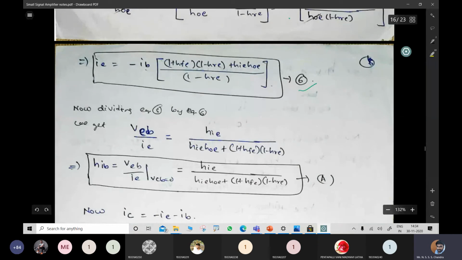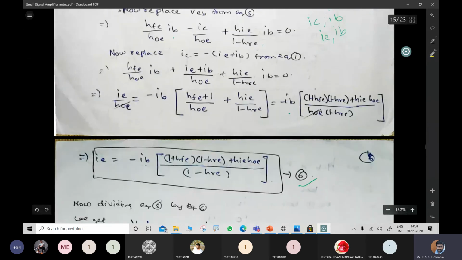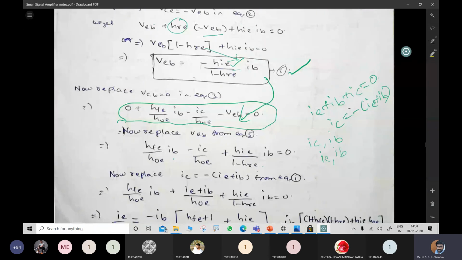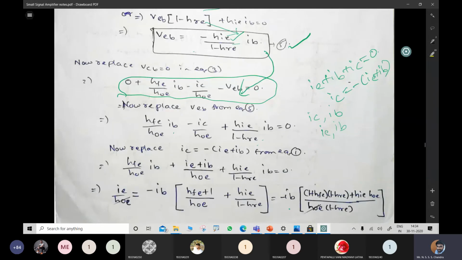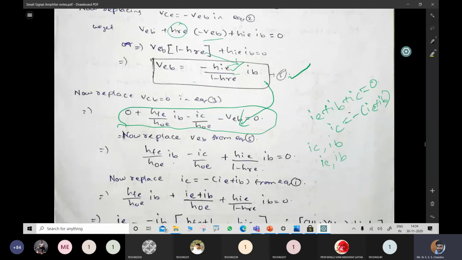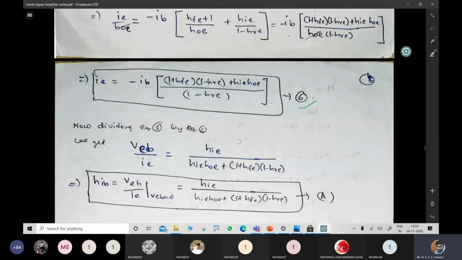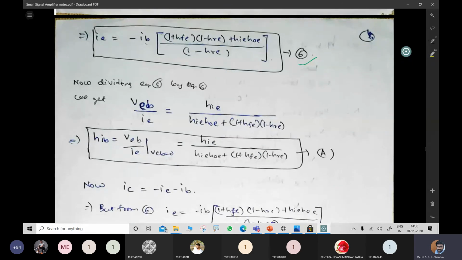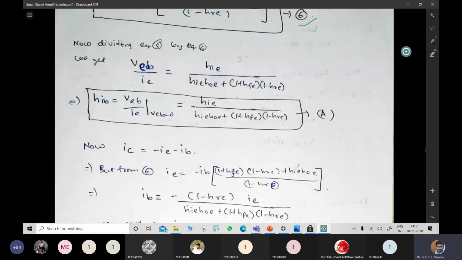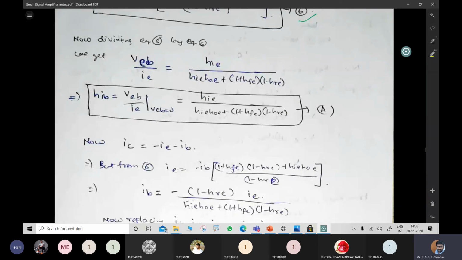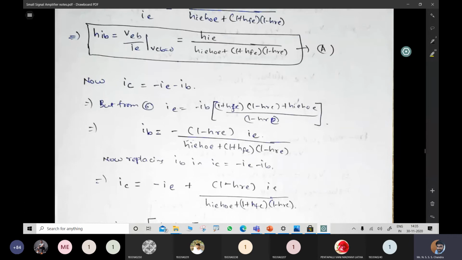If you divide these two equations, in this equation you have IB, so IB gets cancelled, and also you have in the denominator 1 minus HRE. Here also you have 1 minus HRE. Both these 1 minus HREs will get cancelled. Minus minus gets cancelled. You will be left with HIE by HOE plus 1 plus HFE into 1 minus HRE. So you have derived this HIB.